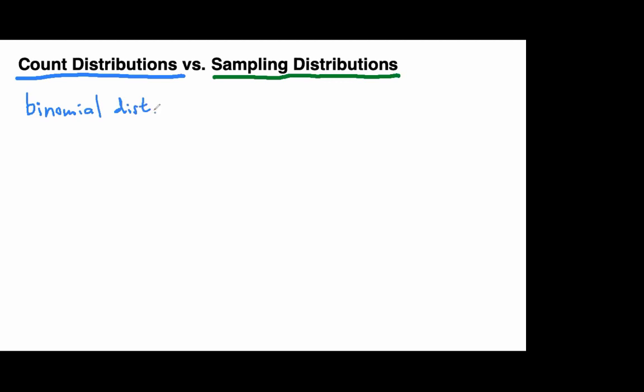So we have a binomial distribution, and what it does is allow us to predict the count of how often something shows up in our sample. So how often does a particular value actually show up in our sample? The key is that these are counts, so they're whole numbers. You can't have part of a thing show up.